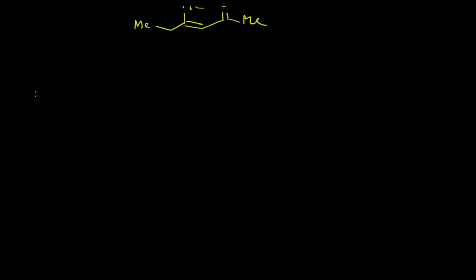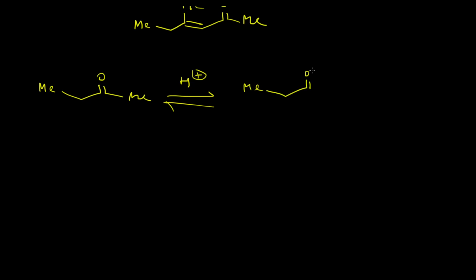Now if we consider the aldol reaction in presence of acid as a catalyst, then here also the first step will be the formation of enol. In the very first step, this carbonyl double bond will be activated via the protonation of this oxygen lone pair, and then it will undergo the enolization step.